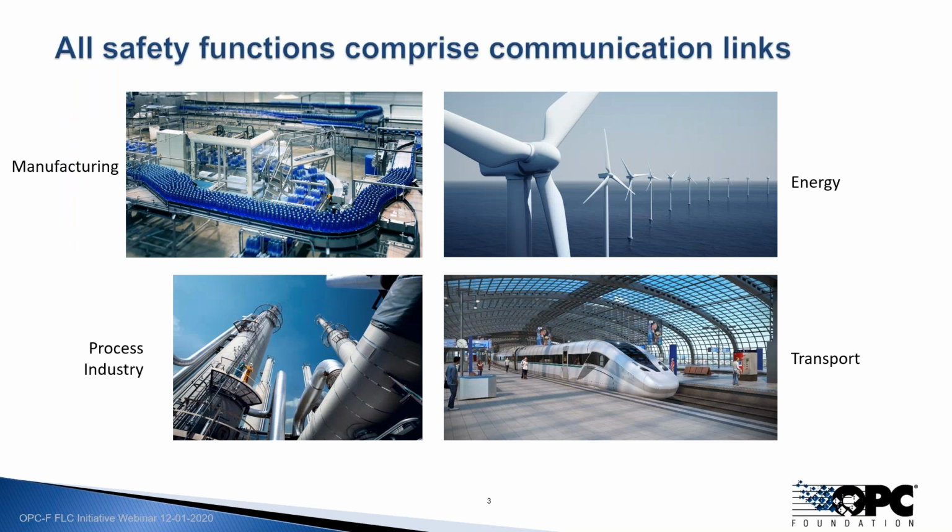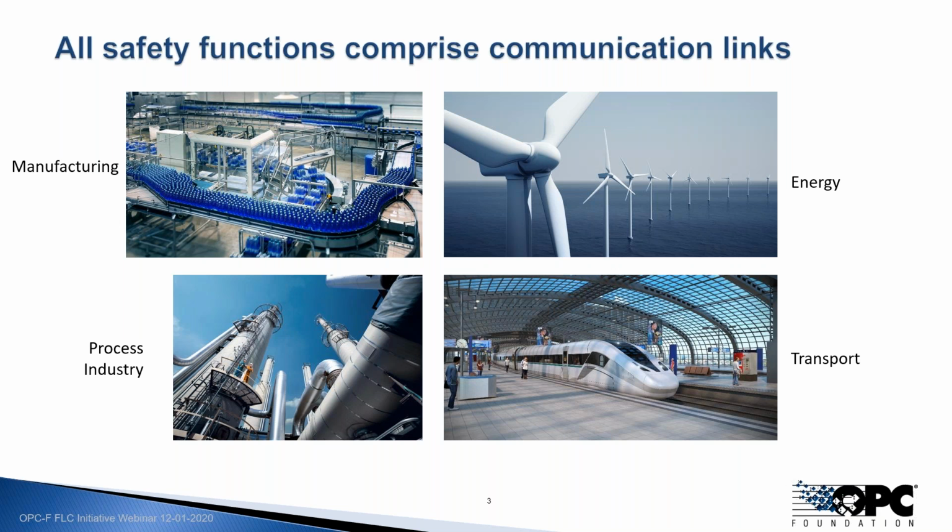So here I have put together 4 case studies from different domains: manufacturing, process industry, energy, and transport. And what these case studies have in common is that they have safety functions. So they are all safety critical.